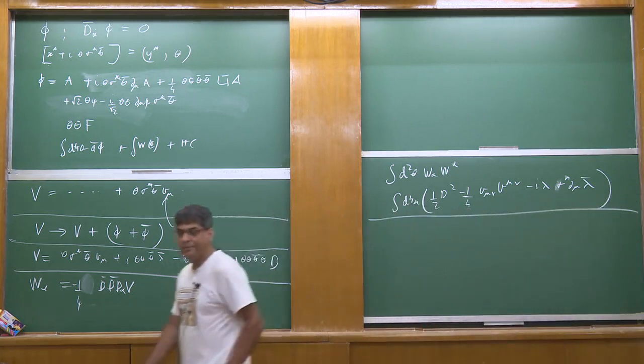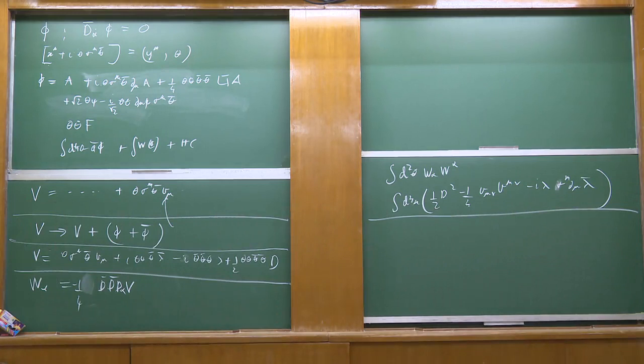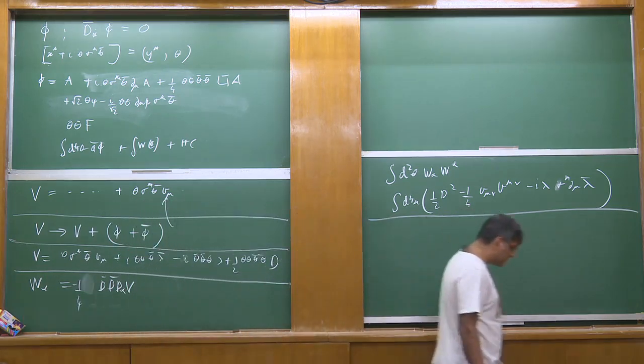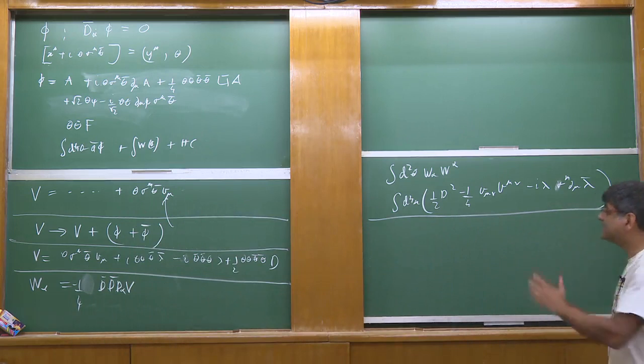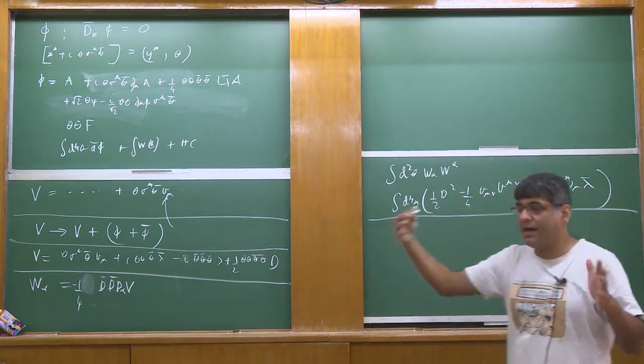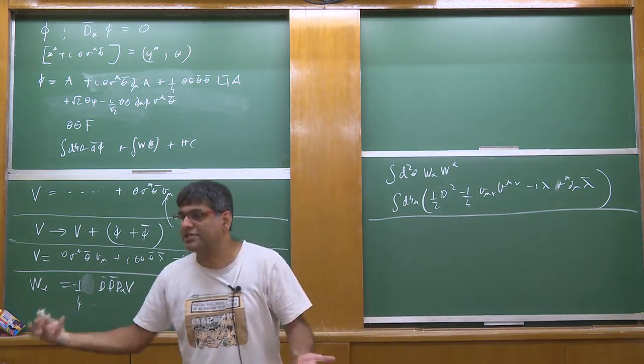There is a gauge symmetry in V, but there is none in these lambdas, because lambda is a neutral field. It's sort of like psi, but psi is a matter field, it could be charged.